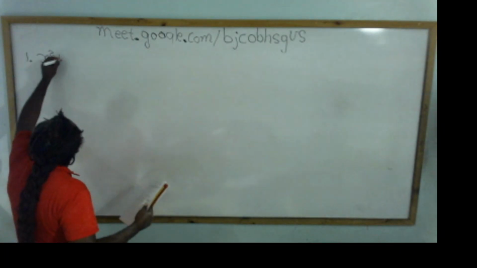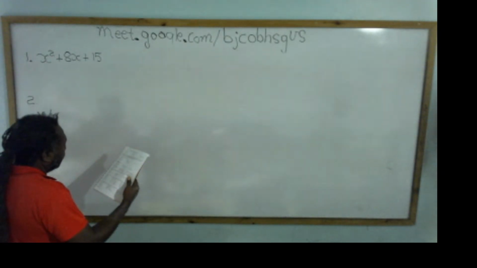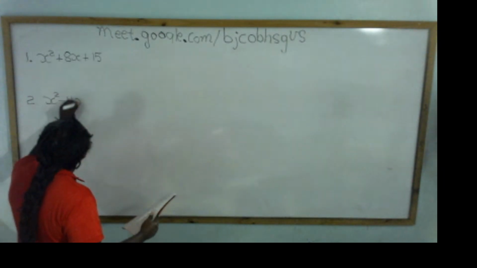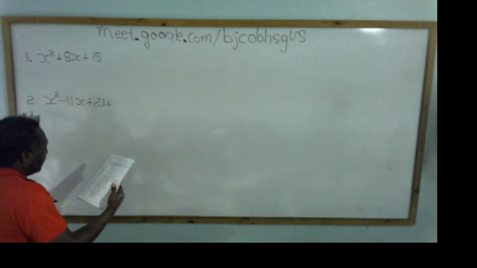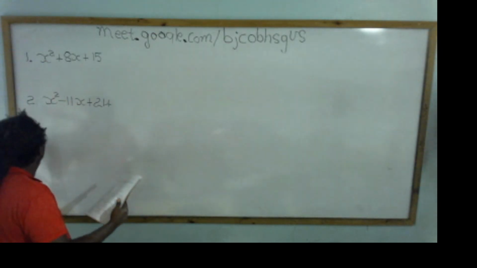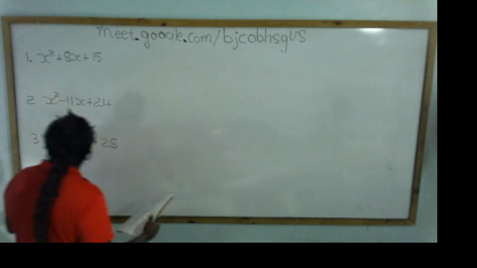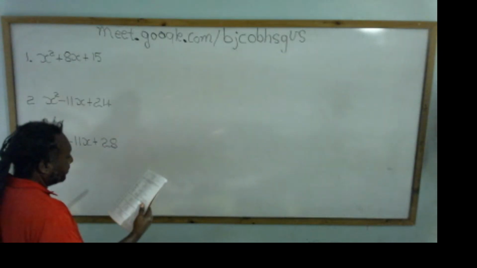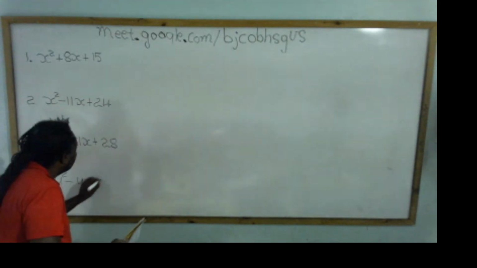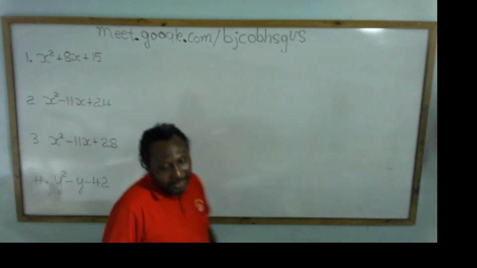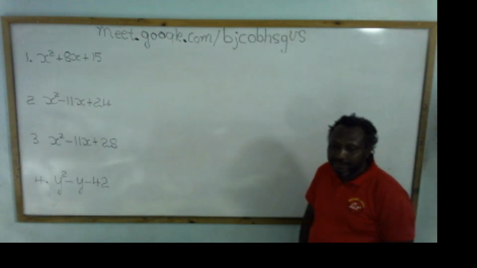x squared plus 8x plus 15. So we are going to have in a minute all the trinomials that should have been factorized up to the time.